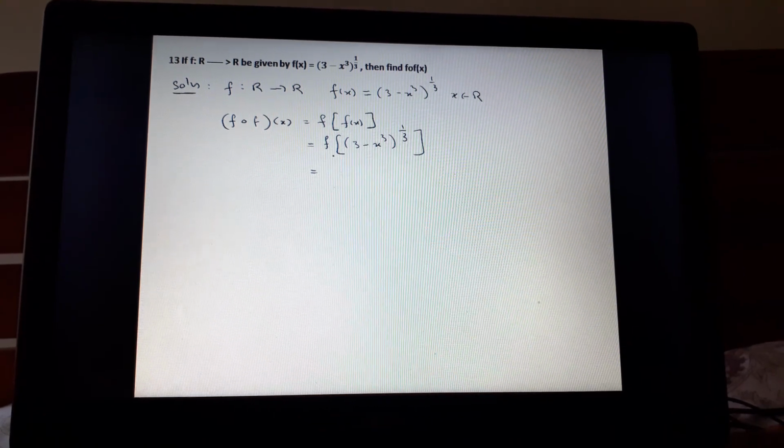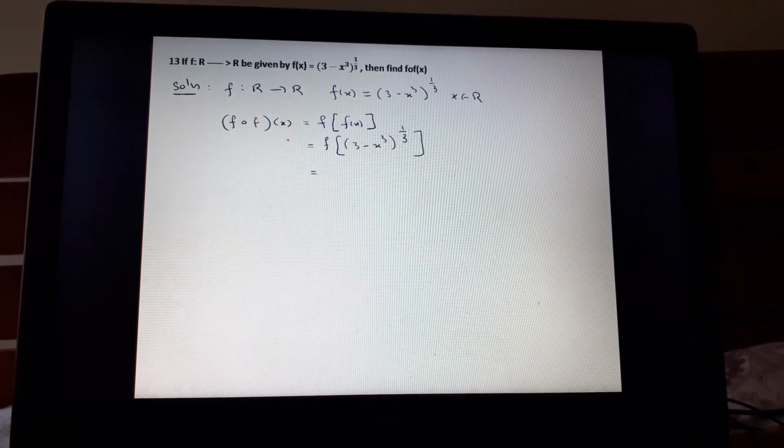So I told you in one of the previous classes, whenever you have difficulty in writing this one directly with this function, you take this as, for example, m. So you take m equal to 3 minus x cube to the power 1 by 3. Though it is not a must, it will make you easy to understand the question. That's all. How to proceed further.